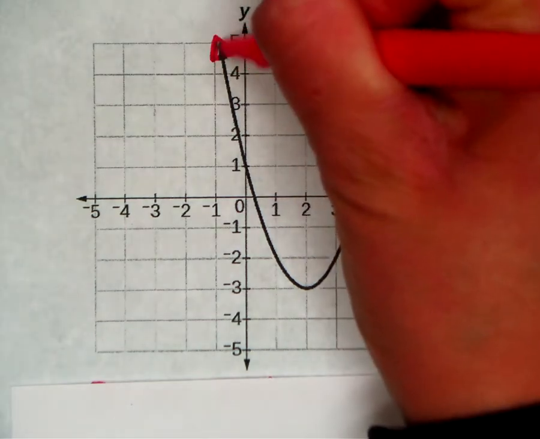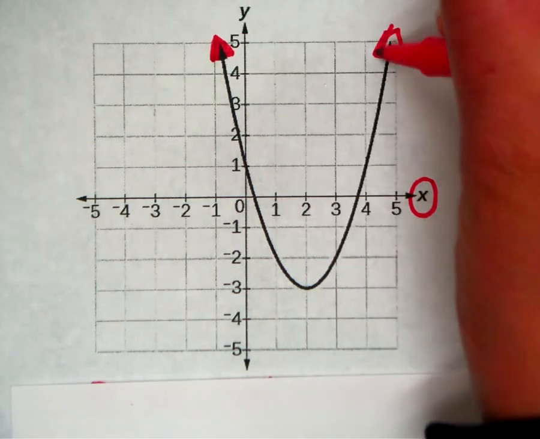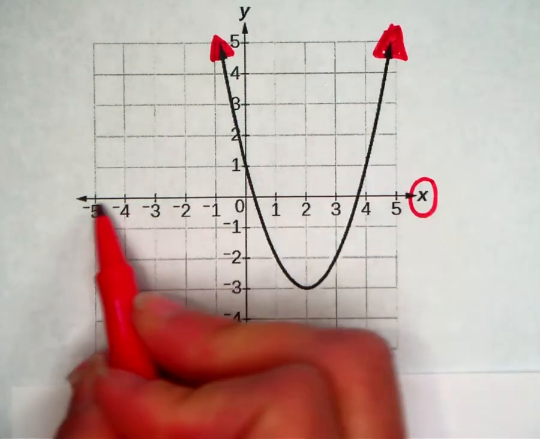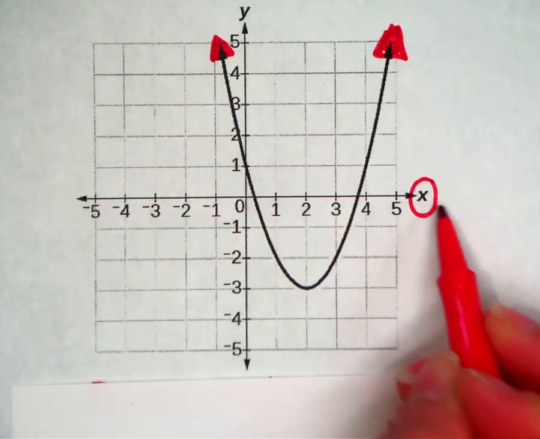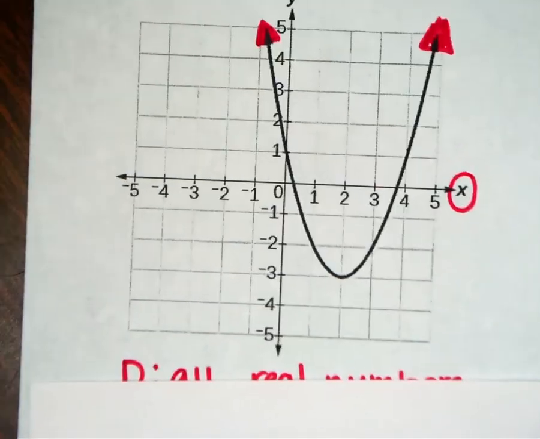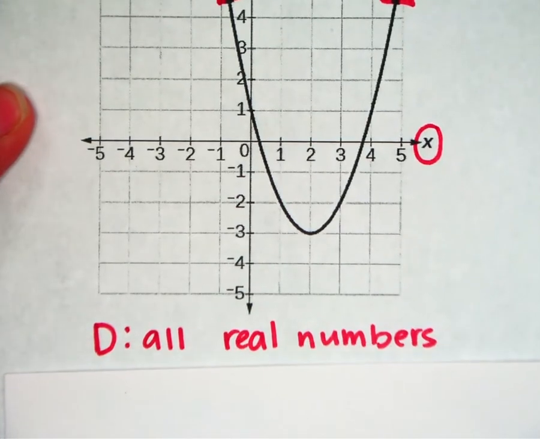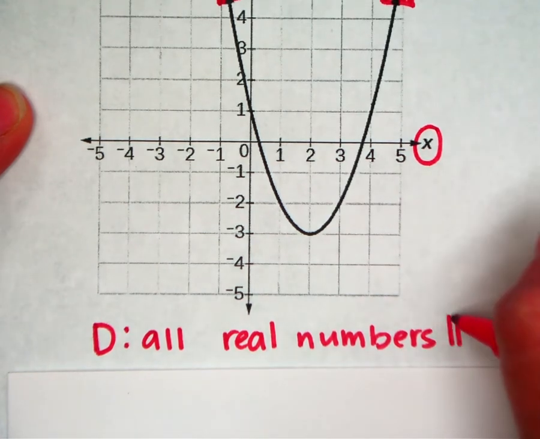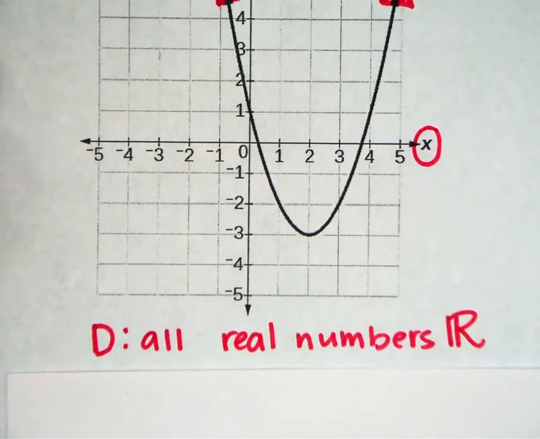There are arrows at the end of my graph. That means my graph goes on and on and on in both directions. So none of my x values are restricted. So we say that the domain is all real numbers. Another way to abbreviate that is using an R with two lines.